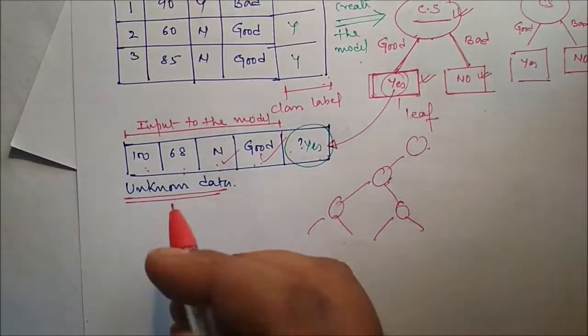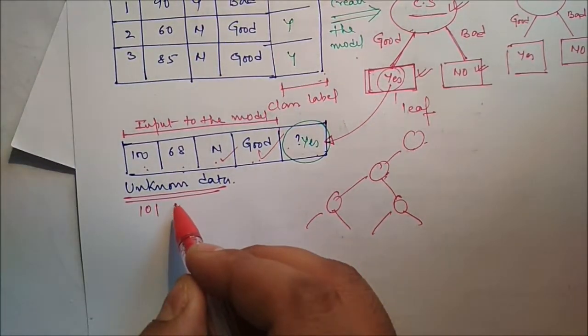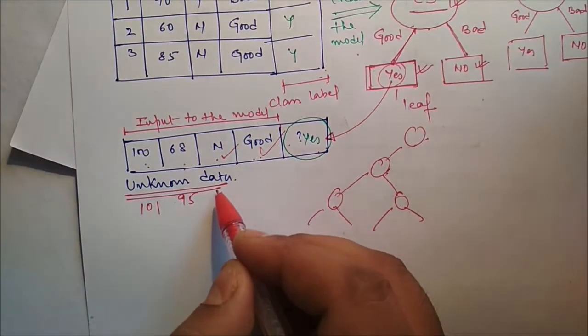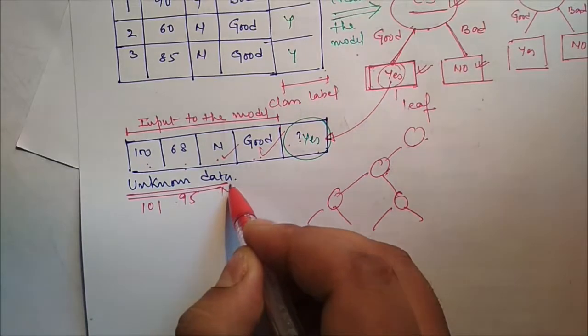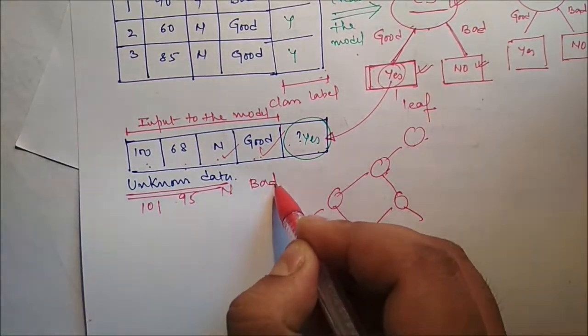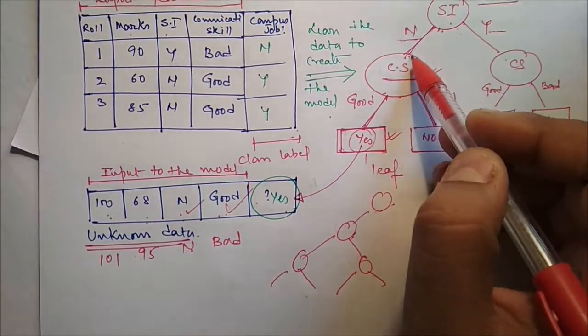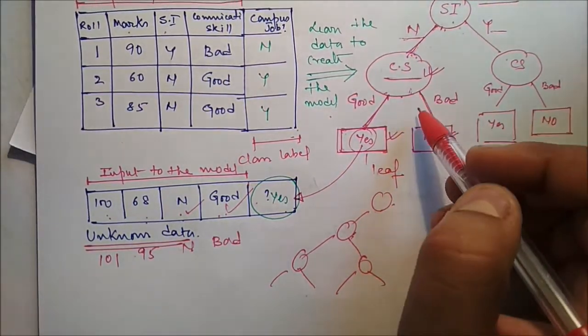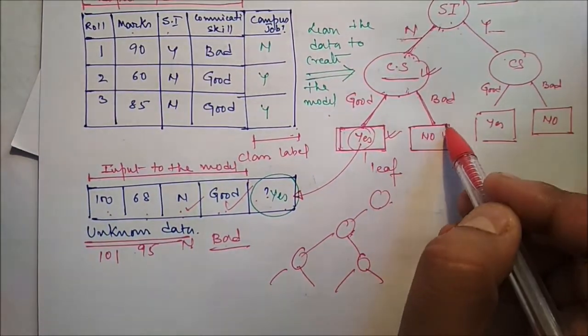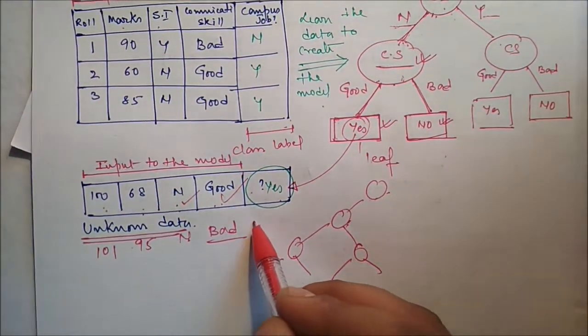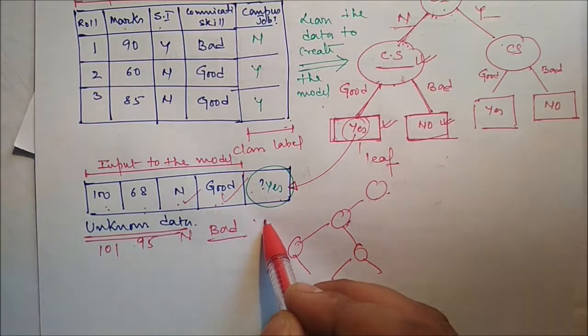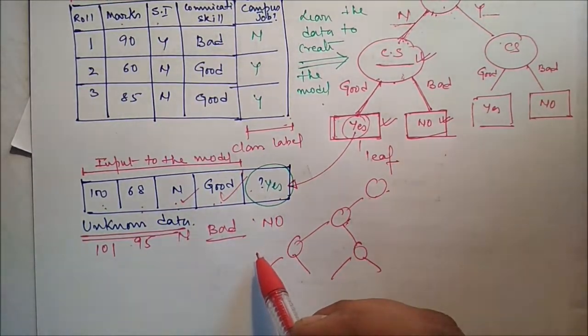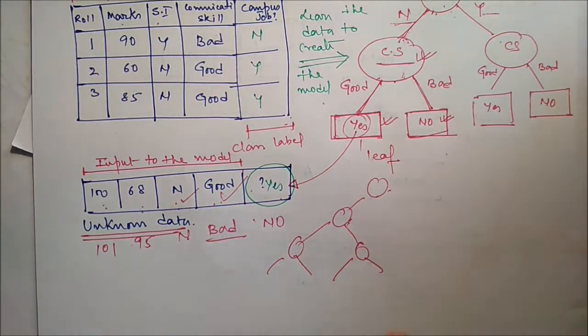Similarly, if another student is there, 101, with marks 95%, sports interested no, and communication skill bad, then we follow this path. For this student, the predicted campus job value is no. The predicted class level is no.